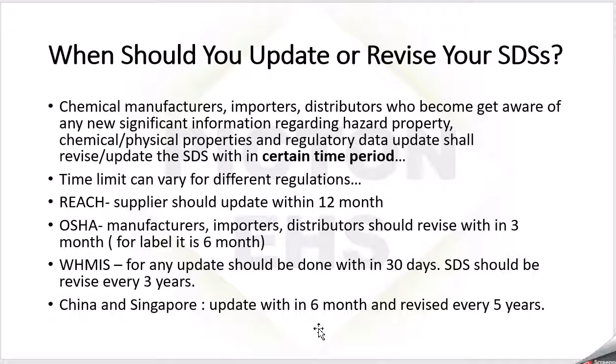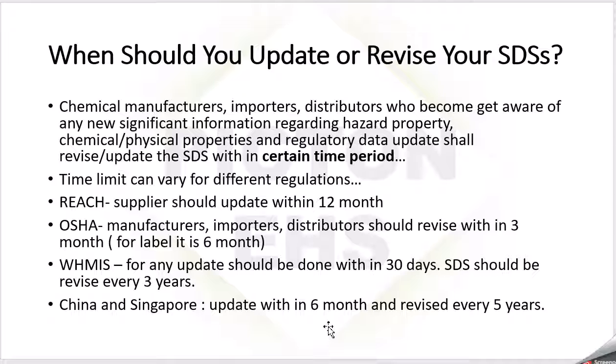When should you update or revise your safety data sheet? A chemical manufacturer, importer or distributor who becomes aware of any new significant information regarding hazardous properties, chemical and physical properties, and regulatory data shall revise and update the SDS within a certain time period.